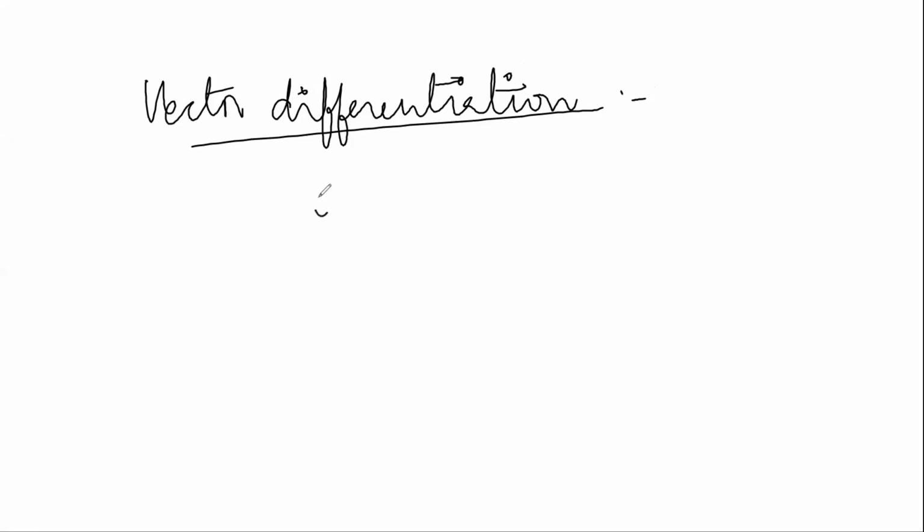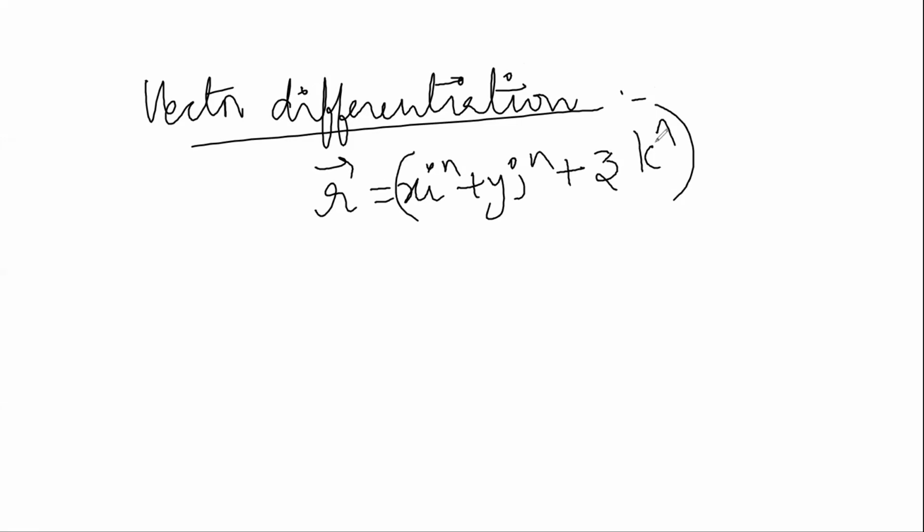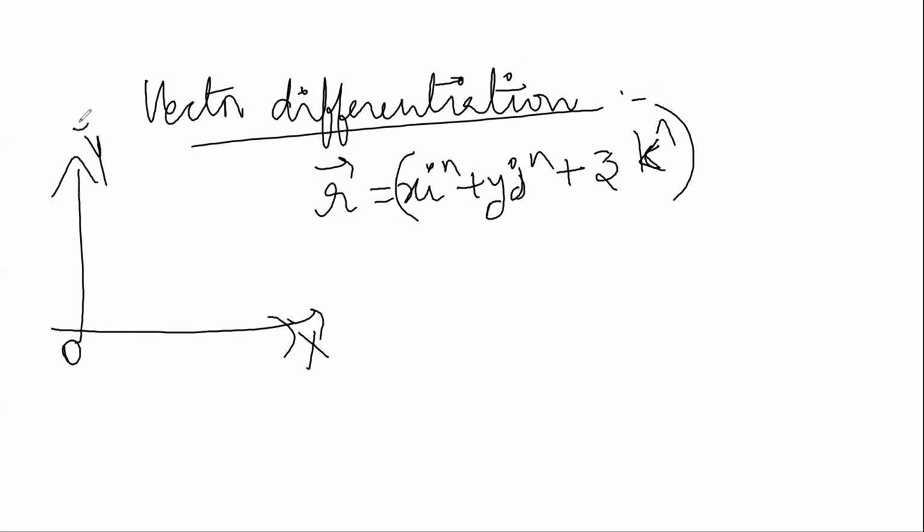Now let us take a position vector r bar, that is x i cap plus y j cap plus z k cap. This position vector gives the position of a particle at a particular time, at a particular point. If I have my system, my origin is here, this is my x-axis, this is my y-axis, and I have a particle here.